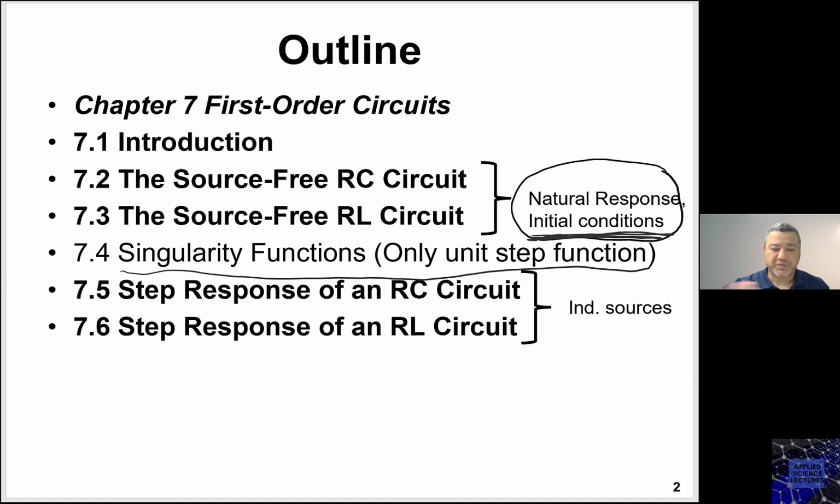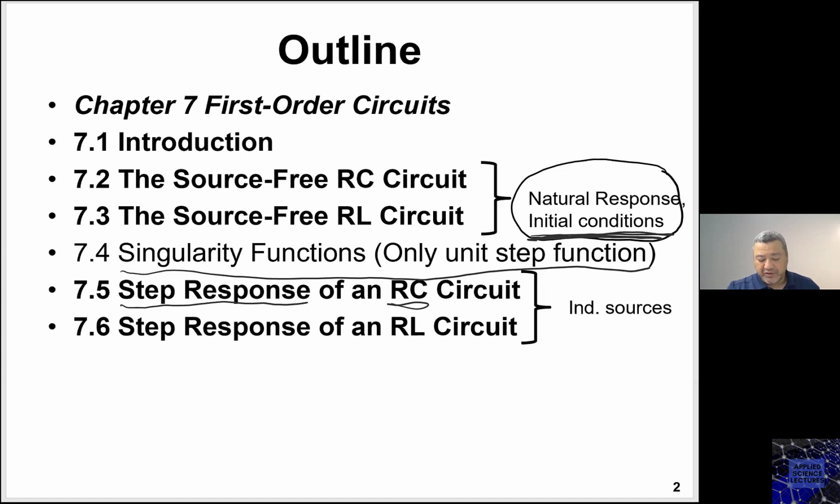When you have this switch open and then it goes to the closed status, you have a unit step function from off to on. Then we will look at the step response of an RC circuit.